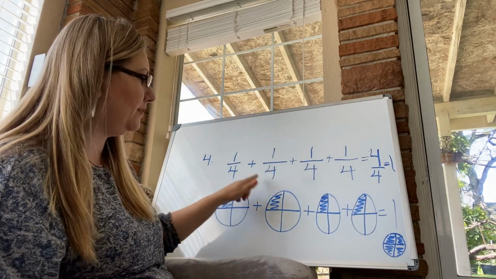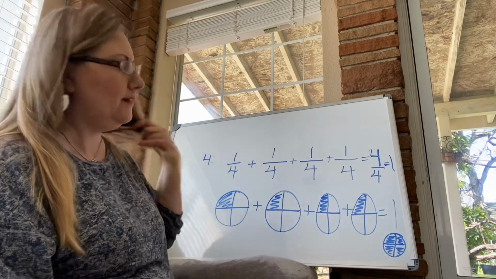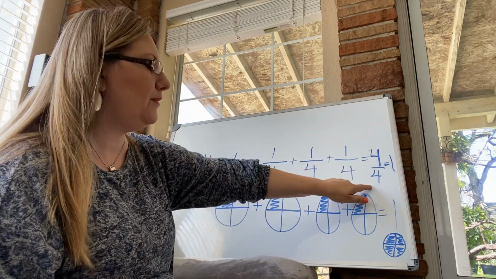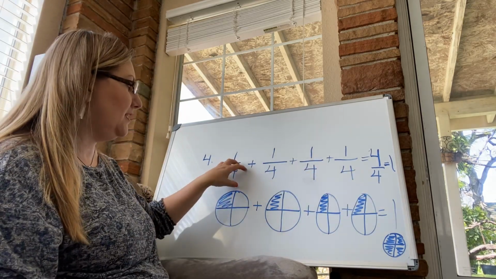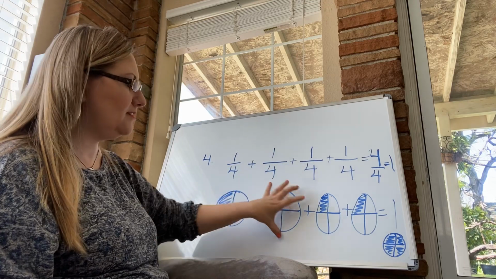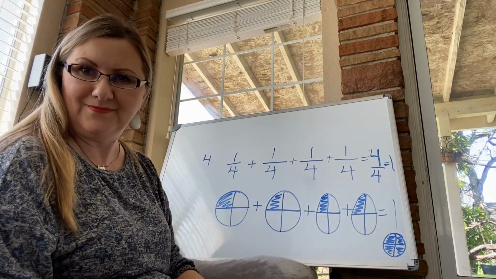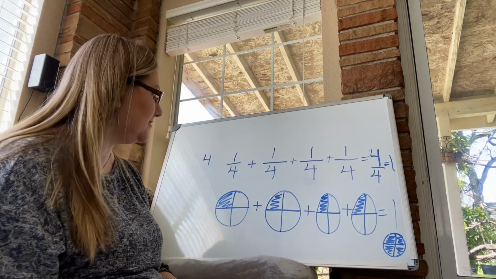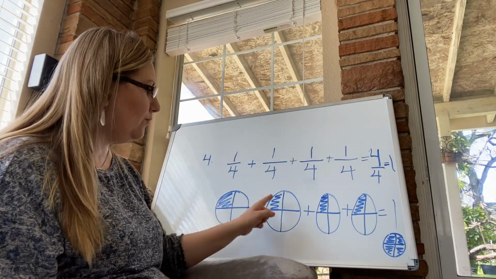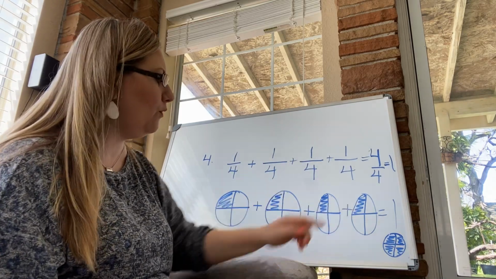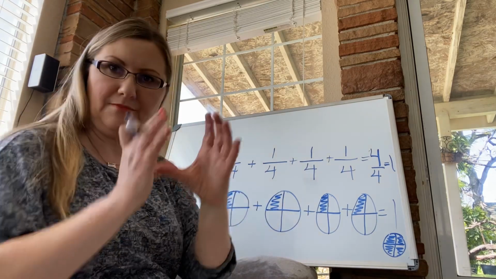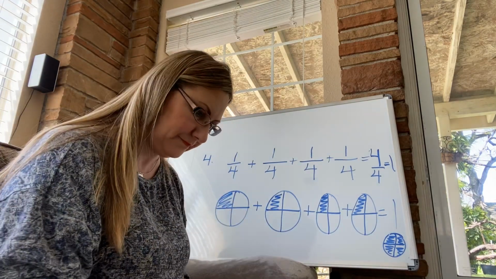We don't add 4 plus 4 plus 4 plus 4 to get 16, because each of these is just showing how many parts there are all together. And there's 4 parts. And so it's 1/4, 1, 2, 3, 4 out of something that's cut into 4.